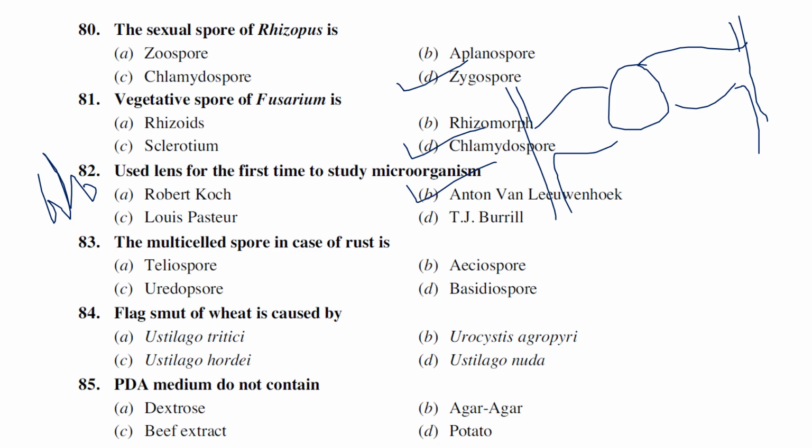He developed the compound microscope and is also the first person who worked on magnification lenses. He developed more than 300 types of magnification lenses. So the lens used for the first time in microbiology study was first used by Antonie van Leeuwenhoek only. Many reference books also mention that the discoverer of the first microscope is Antonie van Leeuwenhoek, right? The magnification lenses were also developed by him.